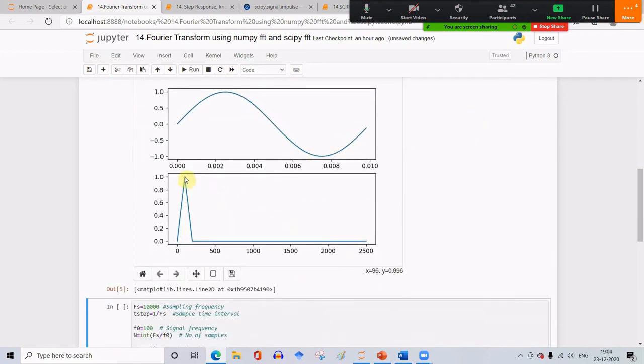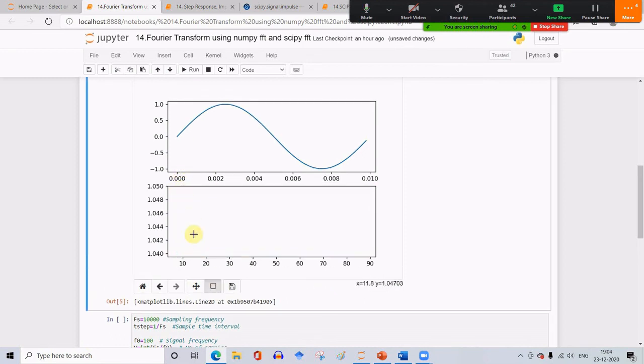So you see here, this x value is around 100, y is around 0.996. Here on the right bottom corner, I get the x and y coordinates of the cursor wherever I move. So this is at 100 hertz. So if you want to make a more exact measurement, you just enlarge this.